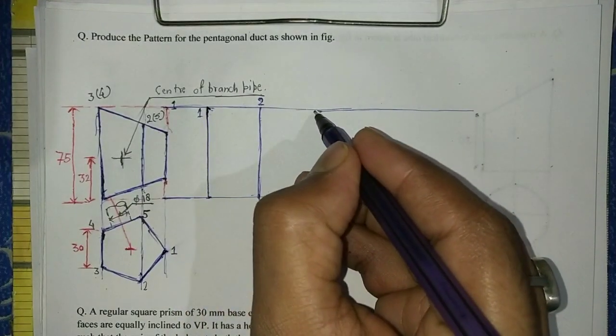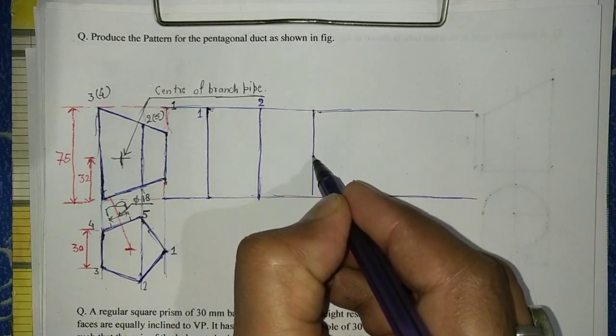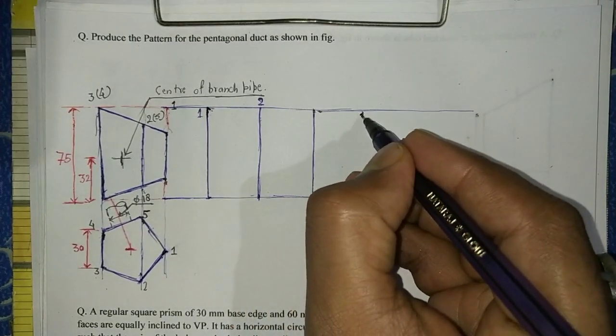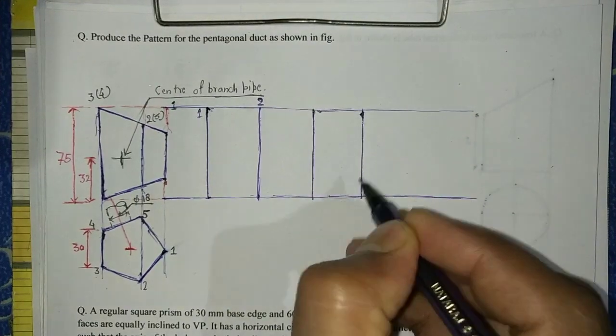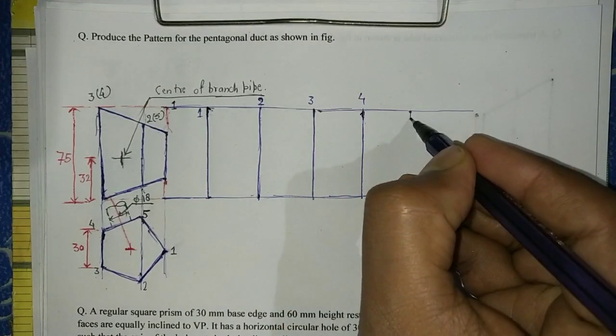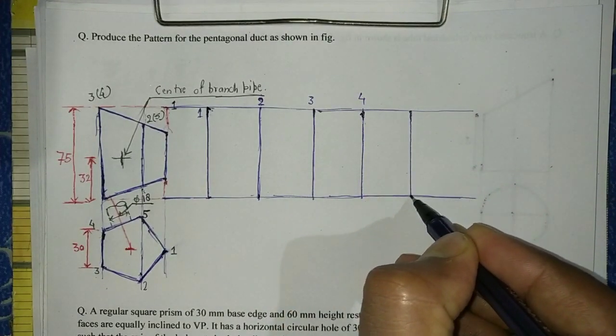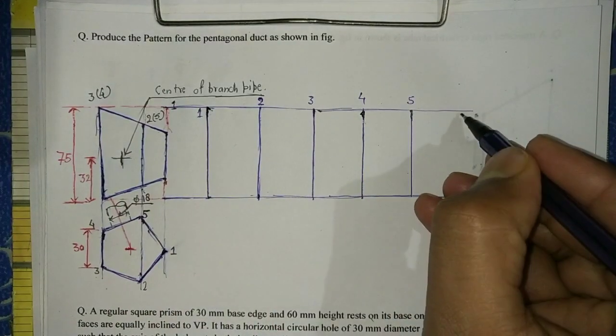Similarly 2 to 3, the distance will be the same because it's a regular pentagonal prism. Then 3, 4, then 5, and after 5 again 1.